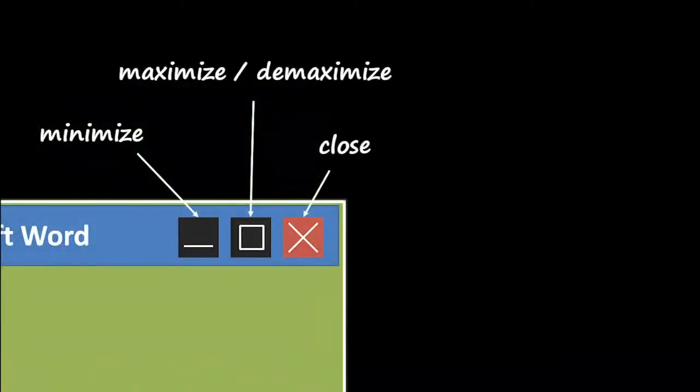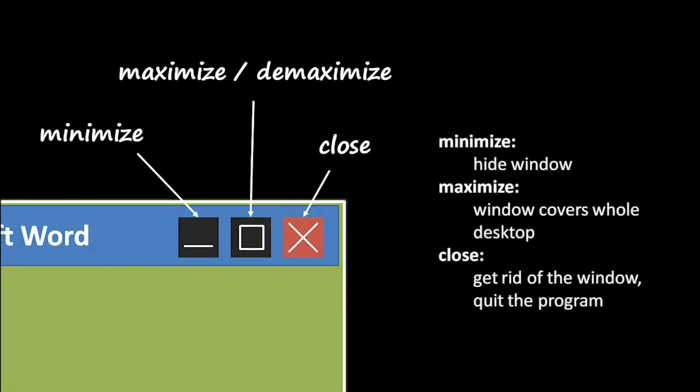In the top right of every program window, you should see these three buttons in this order. On the left, there's the Minimize button, in the middle, there's the Maximize, Demaximize button, and on the right, there's a Close button. The Close button, not surprisingly, closes the window. It gets rid of the window and it exits the program and makes the program stop running.